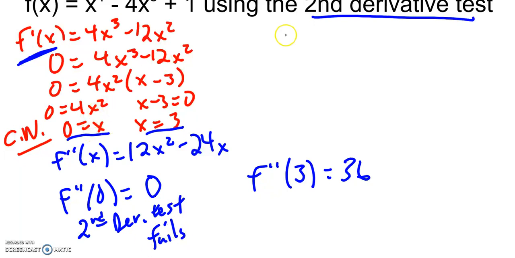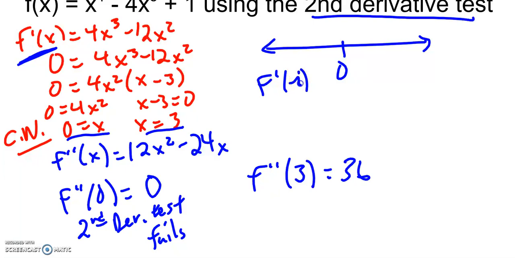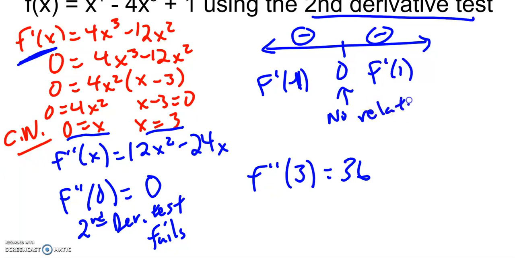We'll go back and test on our number line around 0. Using the first derivative, if we plug in something below 0, negative 1, and something above it, positive 1, you will see in this case that we get both negative numbers. So in other words, there's no relative max or min, no relative extrema at x equals 0.